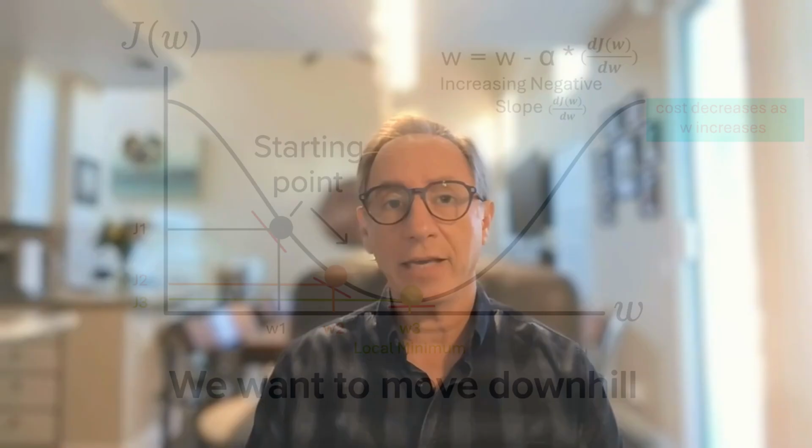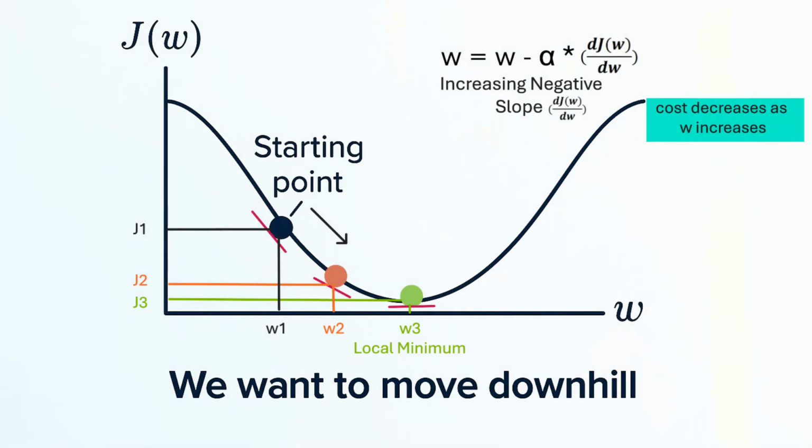Now, imagine you start on the left side of the valley. Let's see what happens in that case. The tangent line slopes downward as you move right. This basically means that the slope is negative. Let's plug that into the update. We can see that subtracting a negative number is the same as adding a positive number.